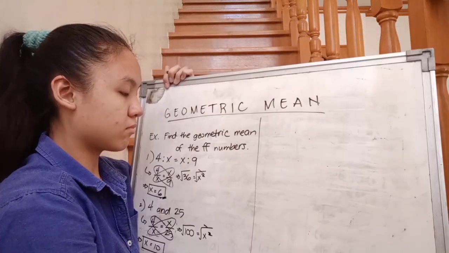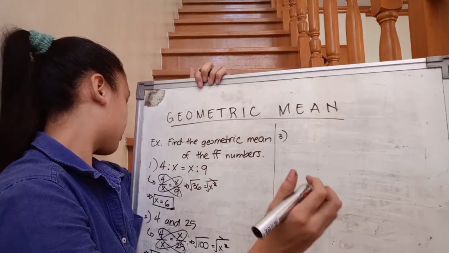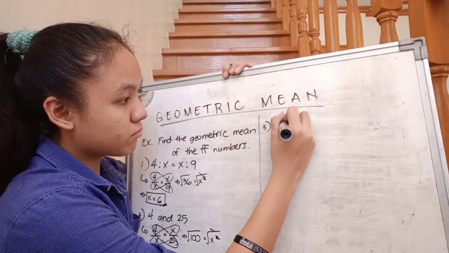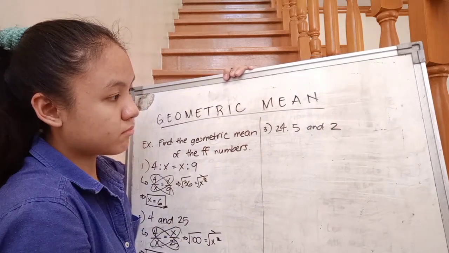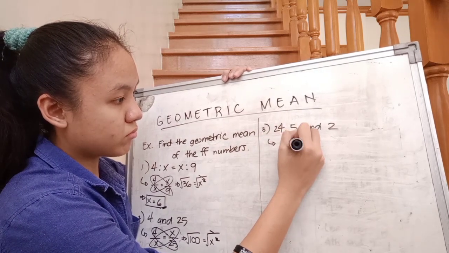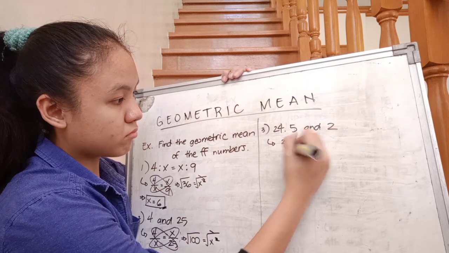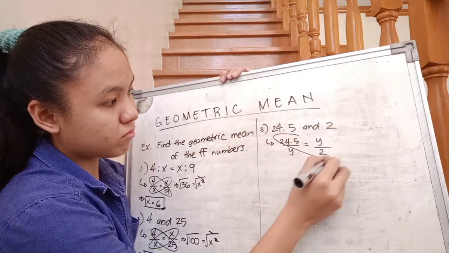So we're getting a lot of examples. Third example is 24.5 and 2. Writing it into fraction, 24.5 over y is equal to y over 2.